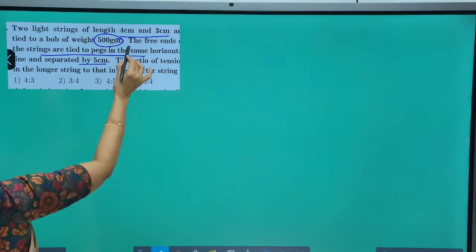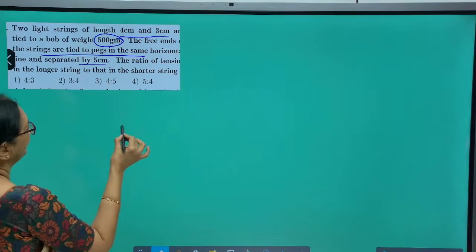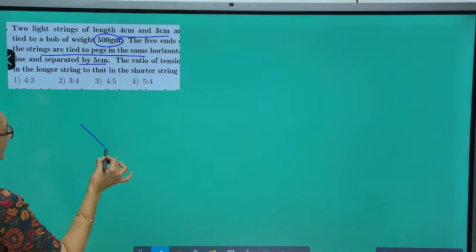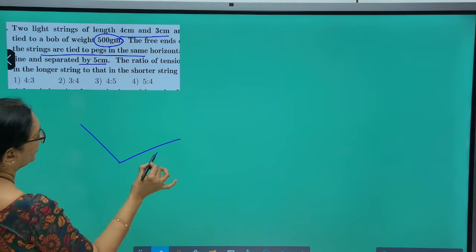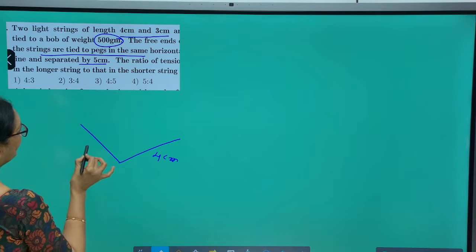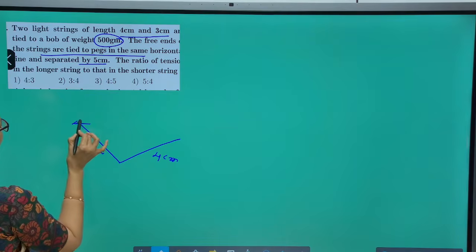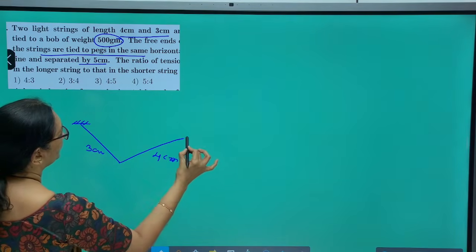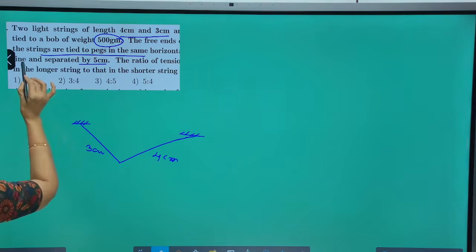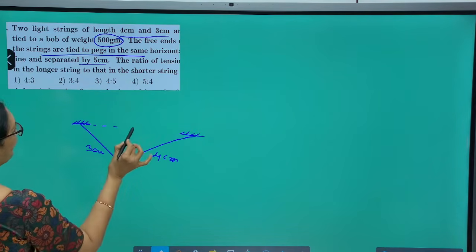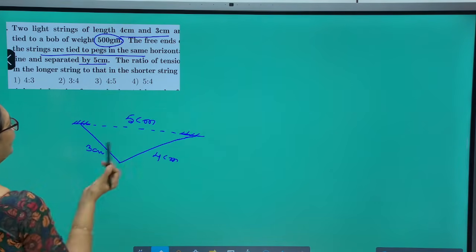Two light strings of length 4 centimeters and 3 centimeters are tied to a bob. Look here, I am drawing that. This is the 4 centimeter string. Let this be the 3 centimeter string. See, they are connected to 2 pegs over there. These two are separated by a horizontal line of 5 centimeters.